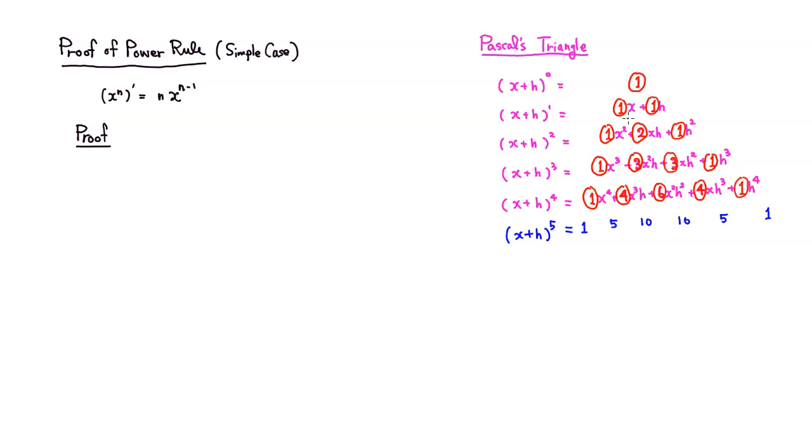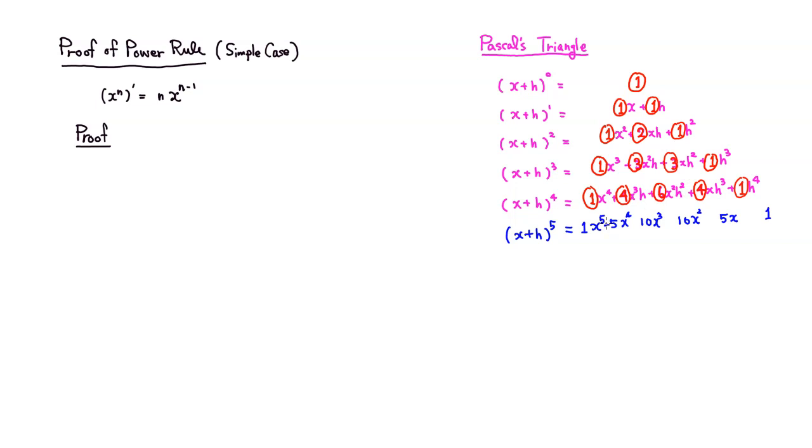Then you can see that x starts from the largest power and they go down 1 by 1. So the largest power would be x to the 5th, then x to the 4th, x to the 3rd, x squared, and then x. h starts from the 0th power, 1st power, 2nd power.